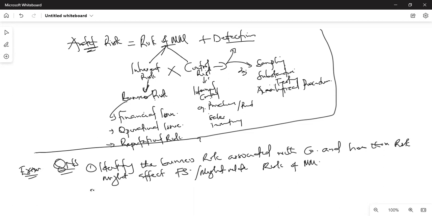Or you will see that number two, they will ask you to identify the material misstatement associated with the company in the particular case. So I think this is the type that you saw, right?